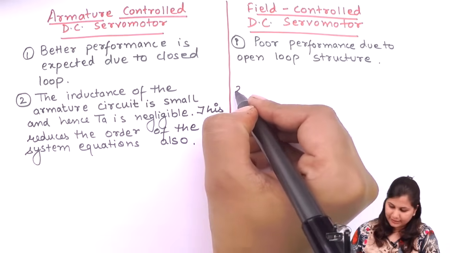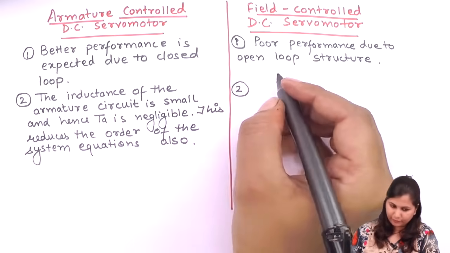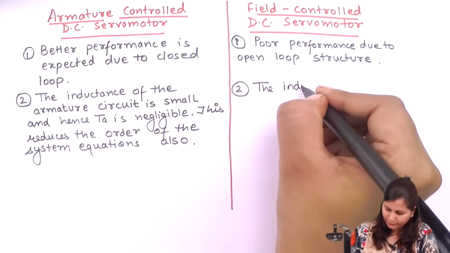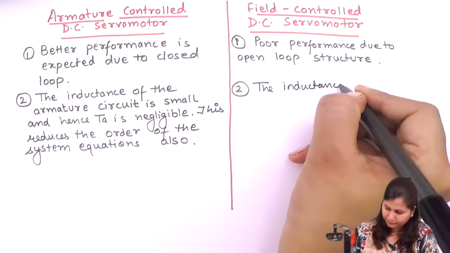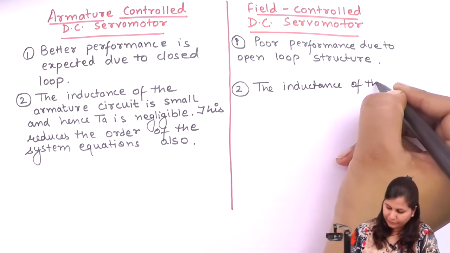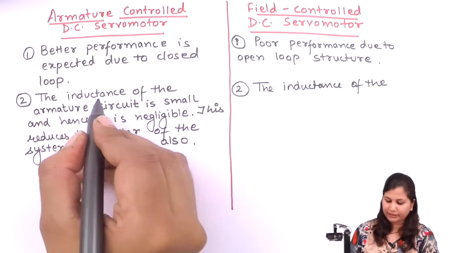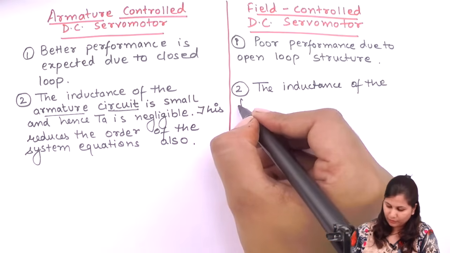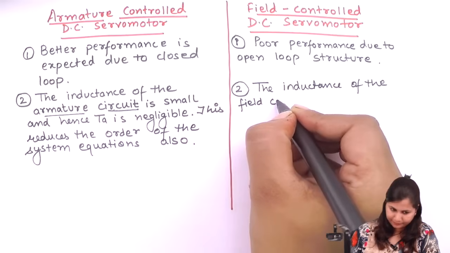Whereas in the field controlled DC servo motor, here we have the inductance of the armature circuit, and here we have the inductance of the field circuit.